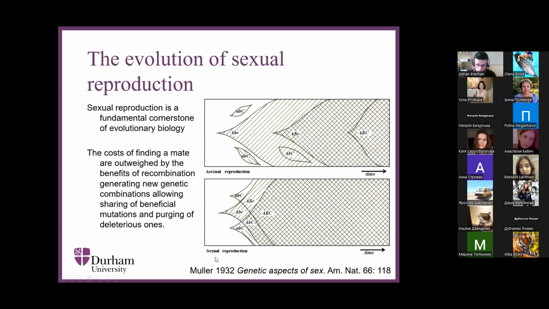And so the great scientist Muller, as far back as 1932, posed this idea for why does sexual reproduction exist. And so he imagined a situation where you have populations that only self, that can't outcross, and they have different genotypes or genetic makeups.